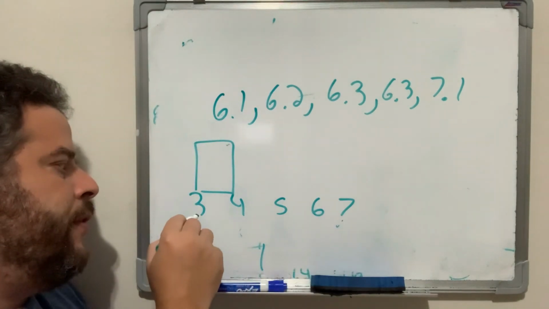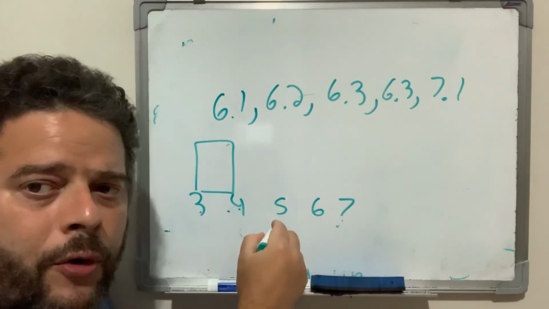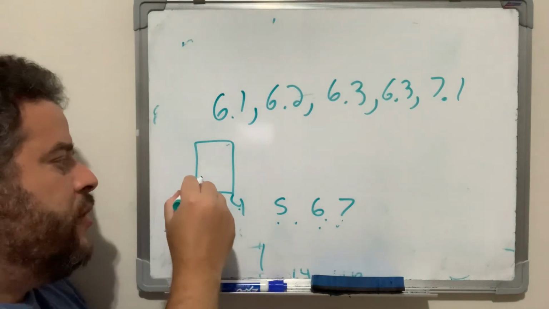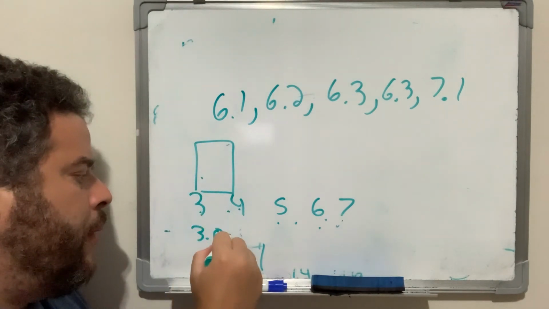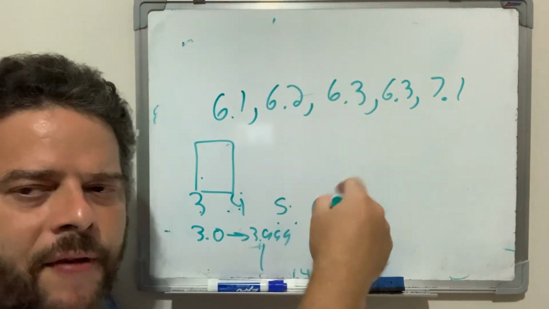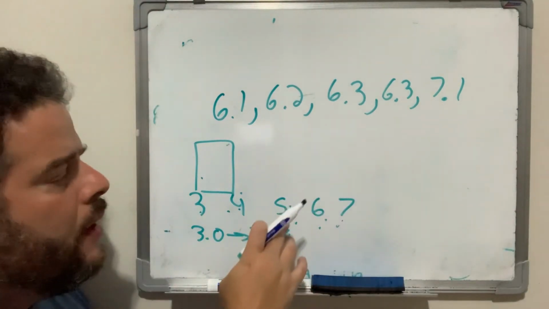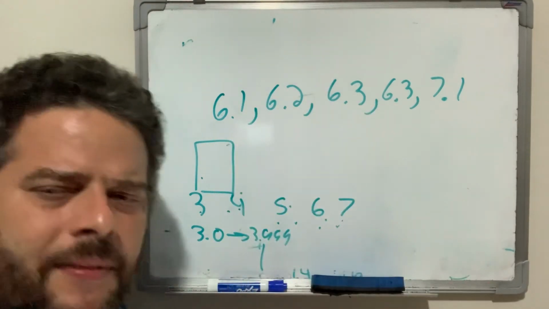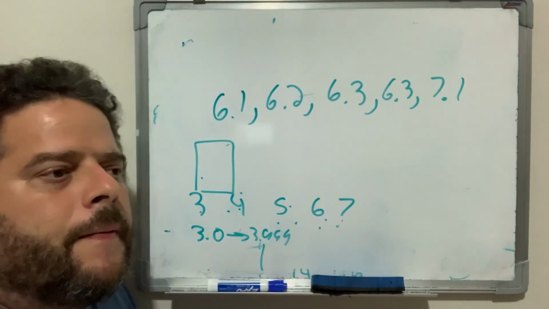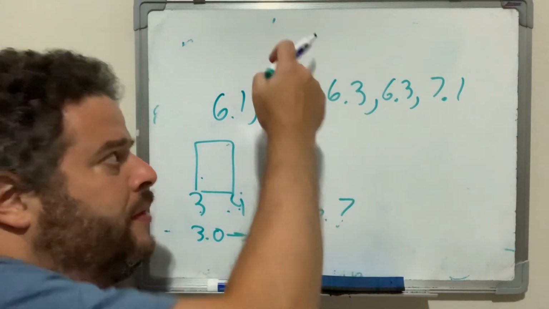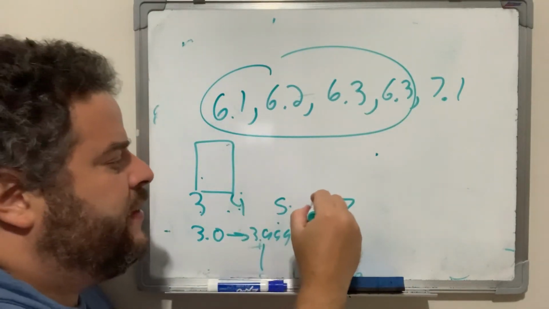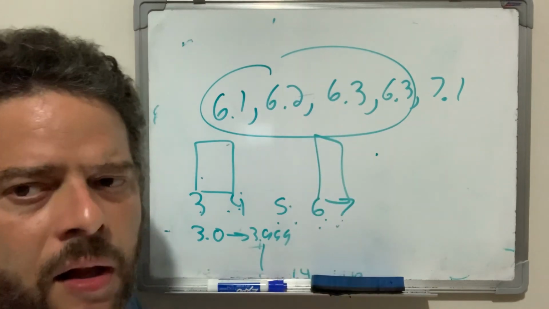Or you can say this is 3 or greater, 4 or greater, 5 or greater, 6 or greater, etc. So this bar would be all numbers from 3 to 3.999, 4 to 4.9, 5 to 5.9, and so on. So when you have a whole bunch of different decimals, instead of having to do a different interval in a dot plot to put just that one value, you can lump all those decimals into a single bar that will display all those values.